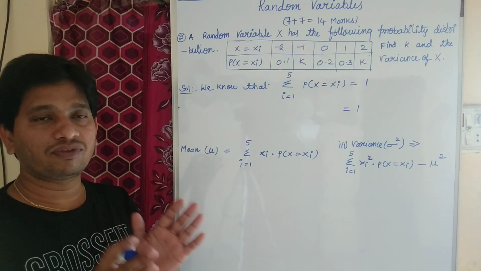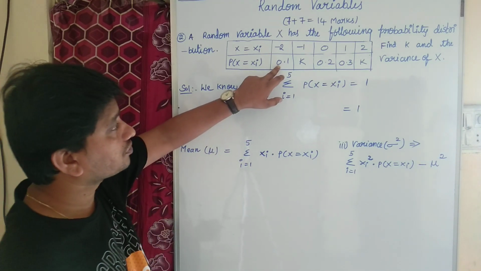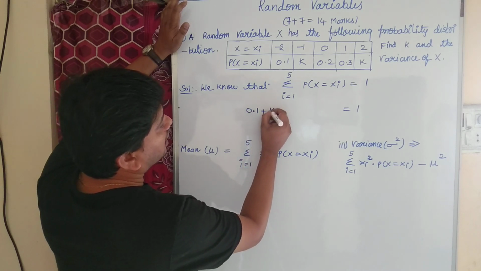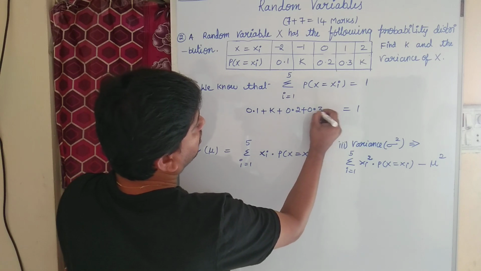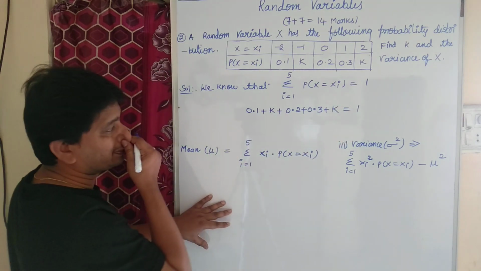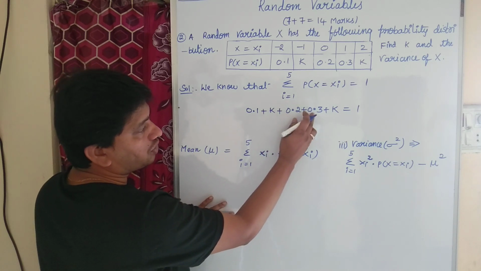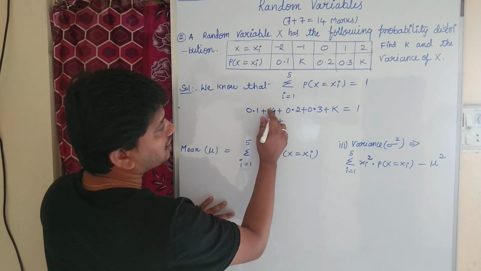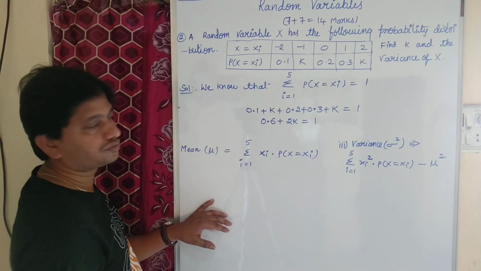We know that the sum of the probabilities must be equal to 1. What are the probabilities here? 0.1 plus k plus 0.2 plus 0.3 plus k, right? Now 0.1 plus 0.2 is 0.3. 0.3 plus 0.3 is 0.6. 0.6 plus 2k equal to 1.